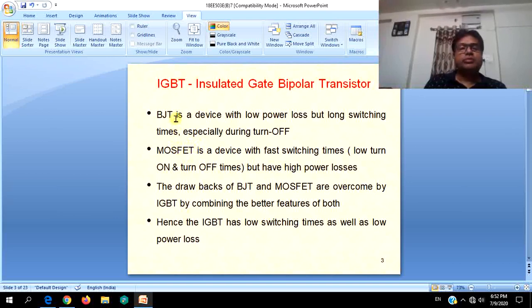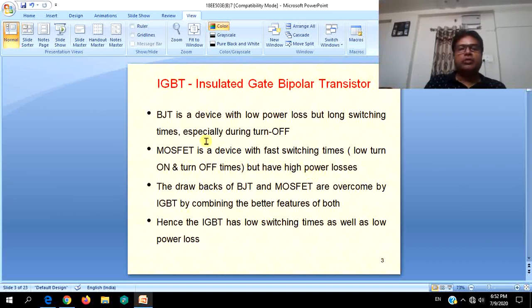BJT you have learnt in the previous semesters, and also MOSFET you have been exposed to but didn't go into deeply. These two devices are extensively used electronic devices and also power electronic devices, but they have certain problems.